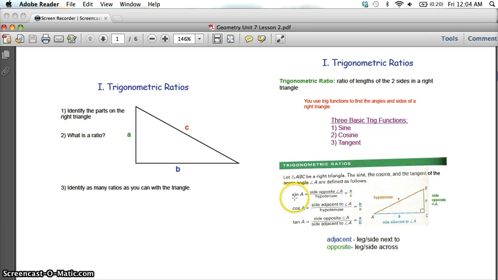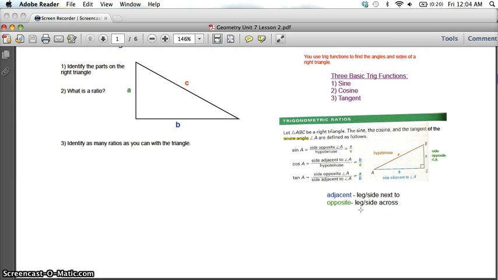Well, if it says sine A, that means we're starting at angle A. And if we're talking about opposite over hypotenuse, we're going to talk about what is the side that's opposite A. So the side that's opposite A is side BC, and the hypotenuse of angle A is C. It's the side that is opposite of your right angle. Again, SOH: sine of A, opposite over hypotenuse.